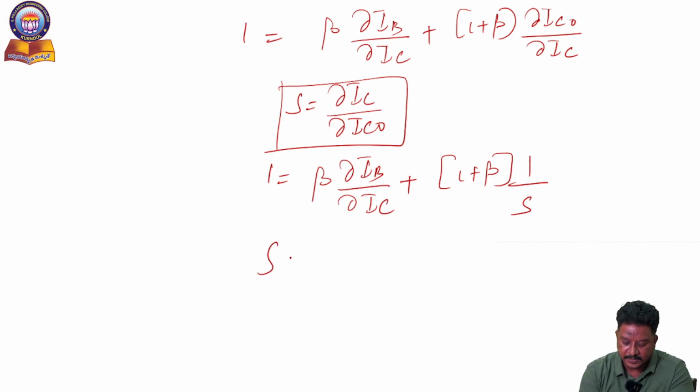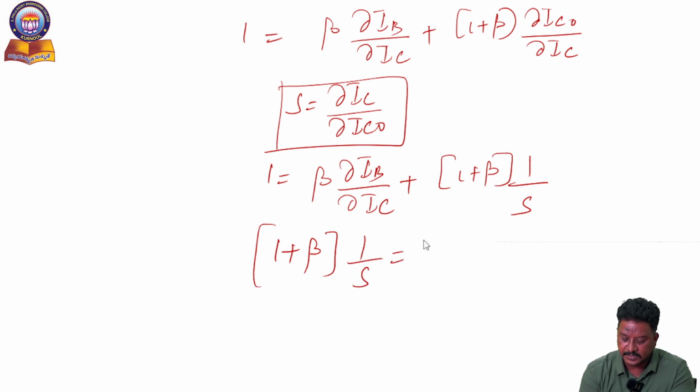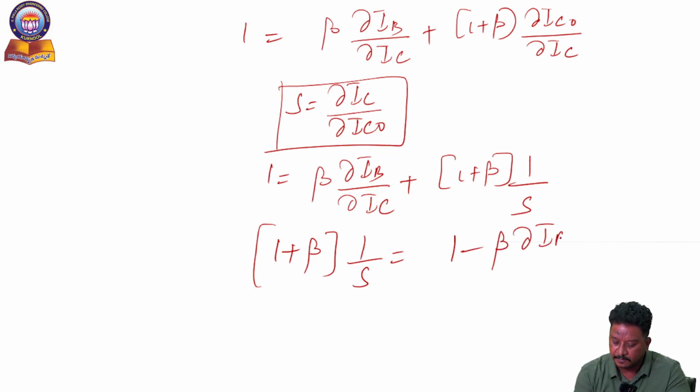So S is equal to 1 minus, of course, from the definition. So I can consider that once again, 1 plus beta into 1 by S is equal to 1 minus beta into change of IB by change of IC.